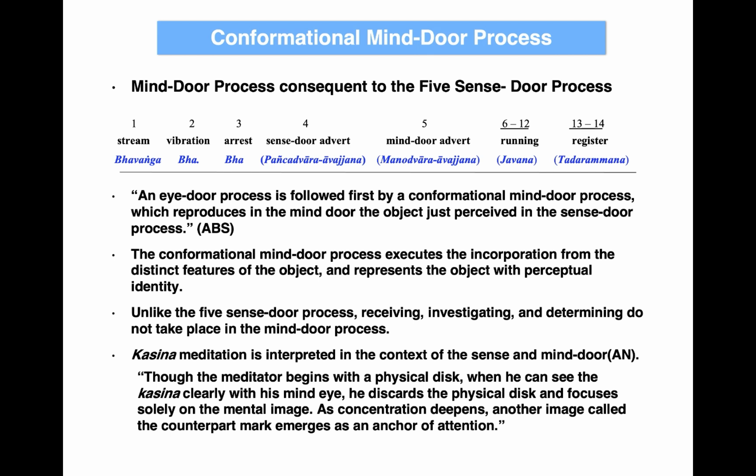So even though you do not see a mango in front of you, you can have a memory and you can retrieve your idea of the mango even though you do not see the mango. That can be generated by mind door process because you already have experience.